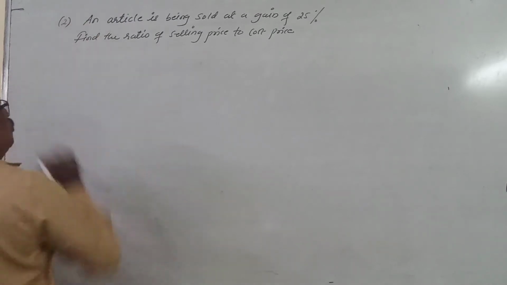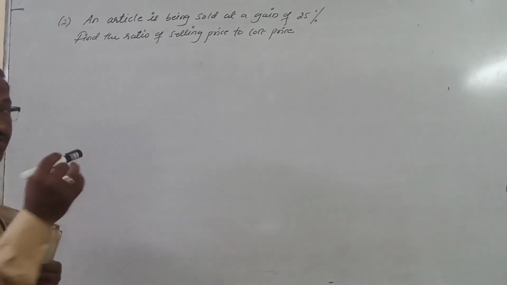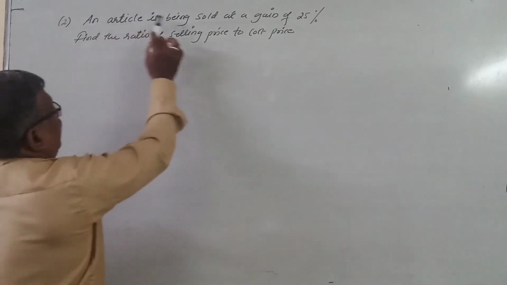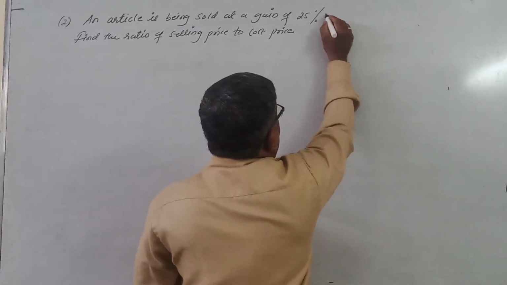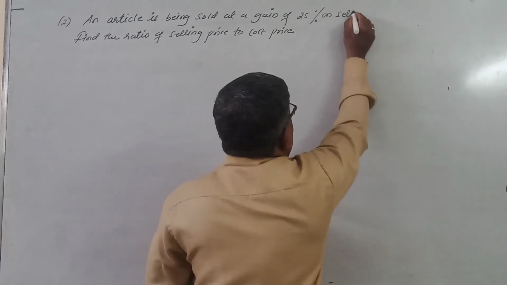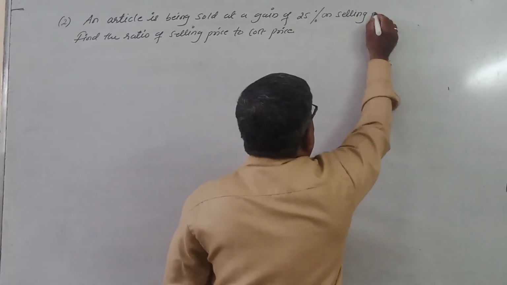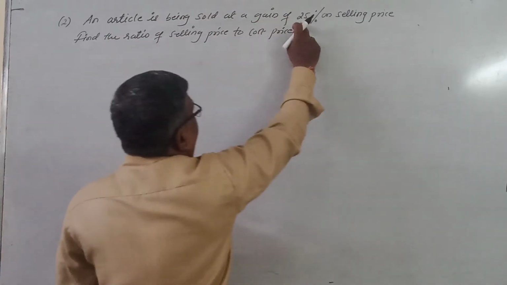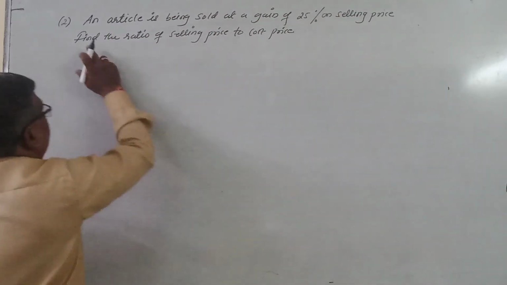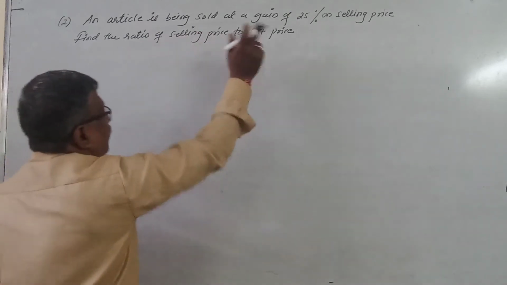Problem number 2. The question is: an article is being sold at a gain of 25% on its selling price. Find the ratio of selling price to cost price.